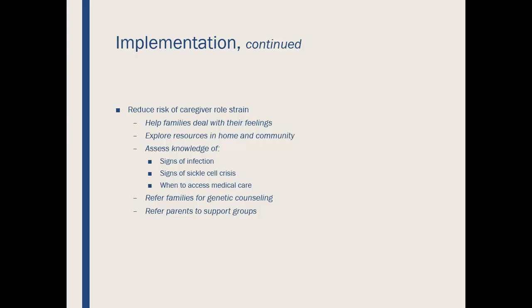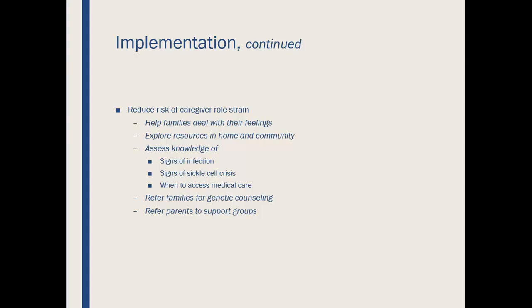All right, reducing the risk of caregiver strain. Sickle cell disease is a chronic disease that's accompanied by life-threatening episodic crises, so this can put a great strain on the caregiver. So you want to help families deal with their feelings about the disease and its implications, exploring resources in the home and community to see if the parents are able to give medications, fluids, and provide adequate nutrition.